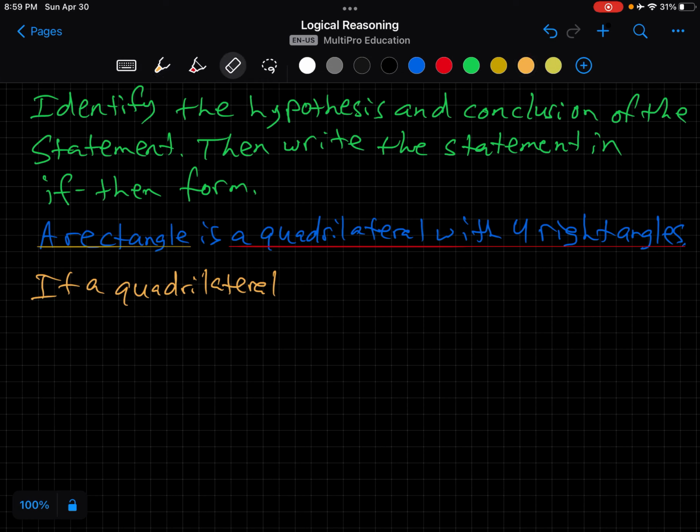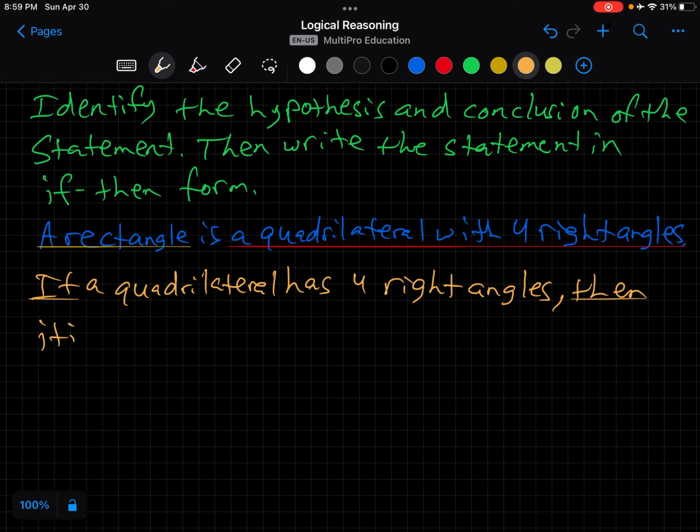If a quadrilateral has 4 right angles, then, so this is the if-then. We have an if and we have a then. If this is true, then it is a rectangle.